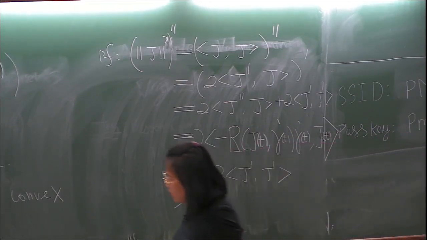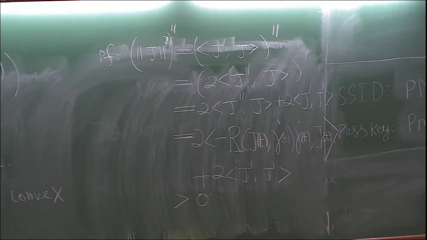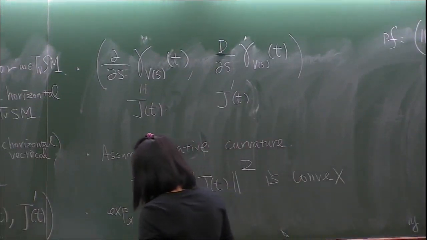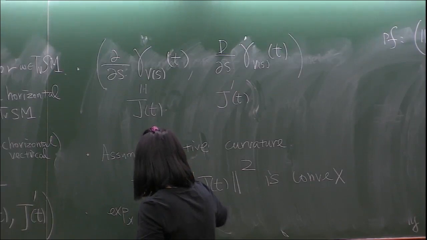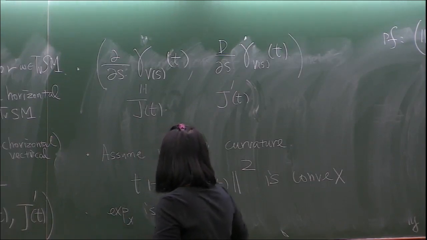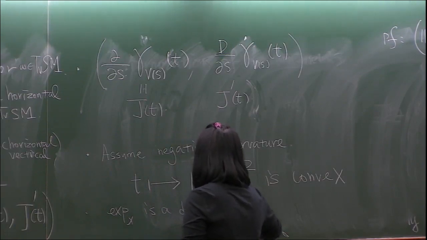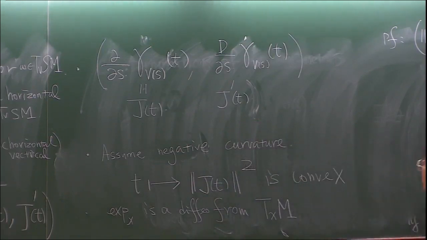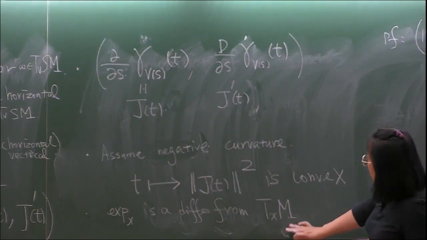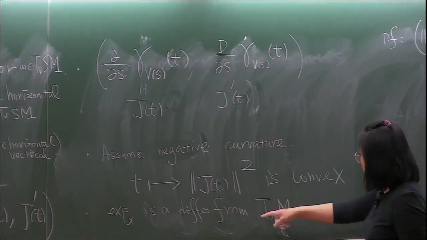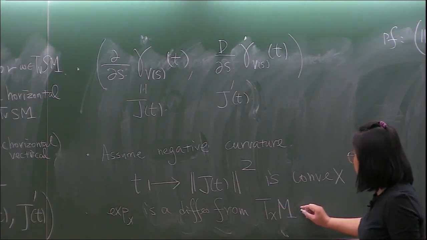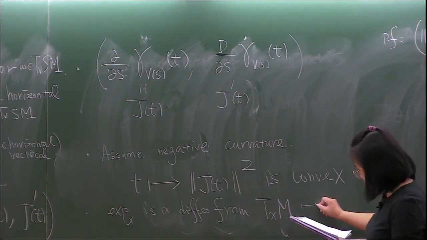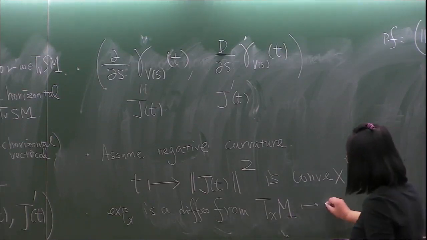And what's the consequence of that is if you consider the exponential map on the tangent space at a point x of M, it is a diffeomorphism from T_x M to M tilde, the universal cover.